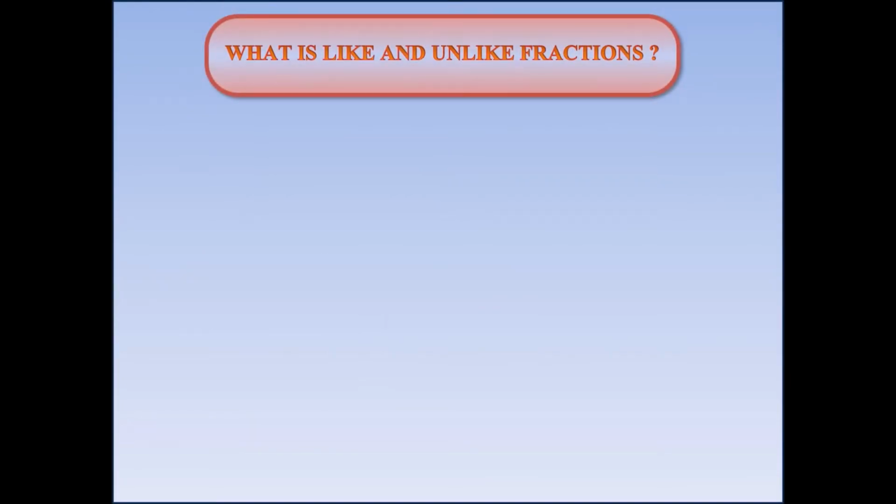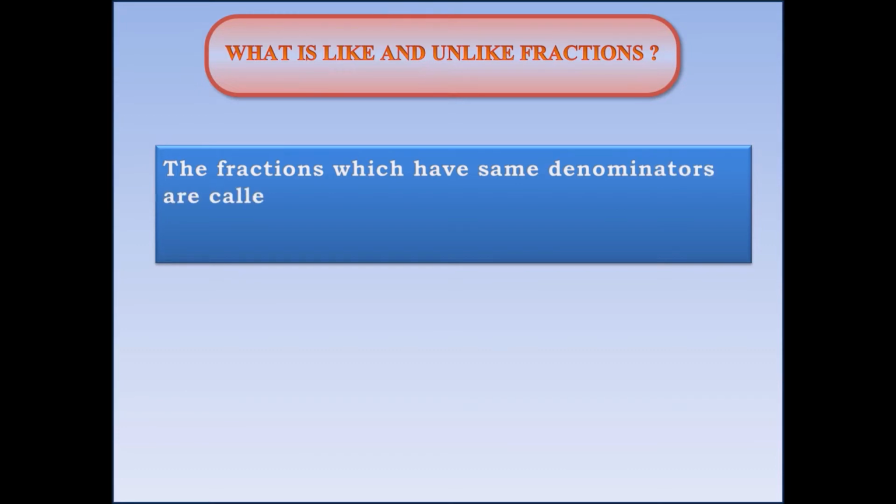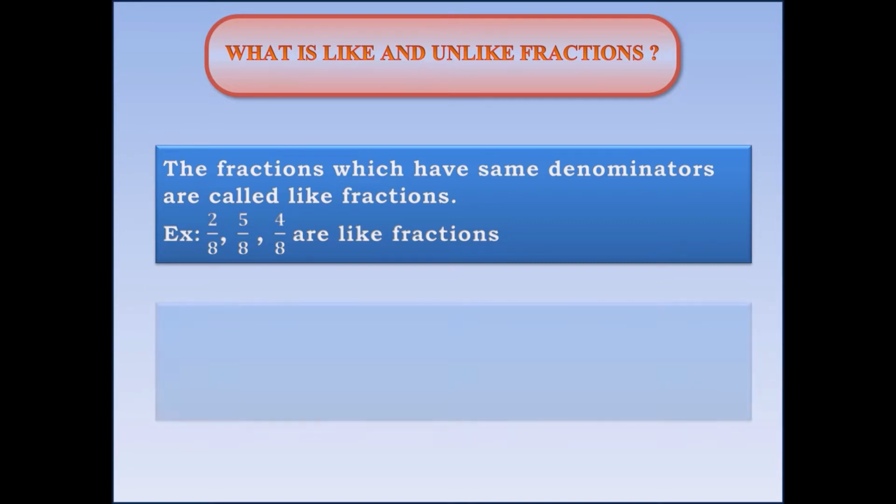So what are like and unlike fractions? The fractions which have the same denominators are called like fractions. Example, 2 by 8, 5 by 8 and 4 by 8 are like fractions because the denominators are the same.